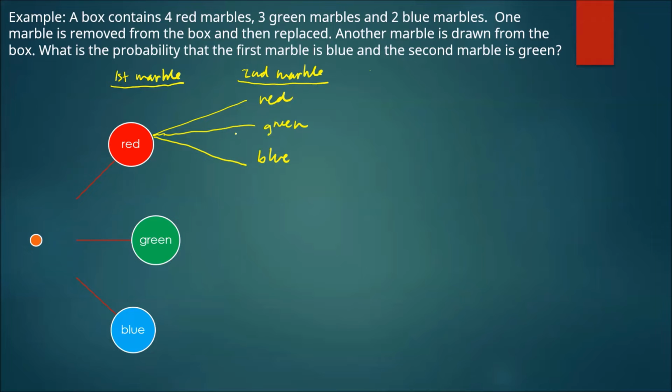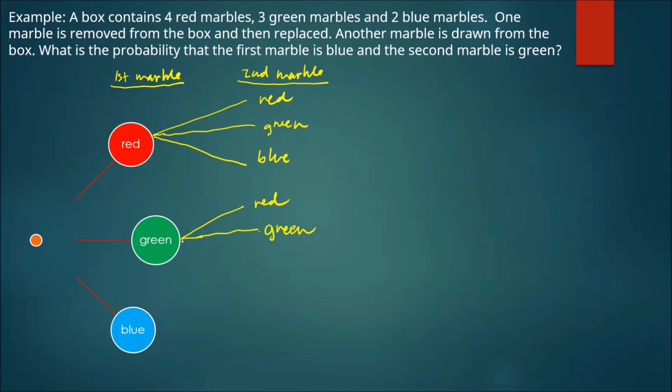Right. Okay. Now, how about if our first marble is green? Is it possible that we could still choose a red marble for our second marble? Yes. And there is also a possibility that we can pick a green marble.